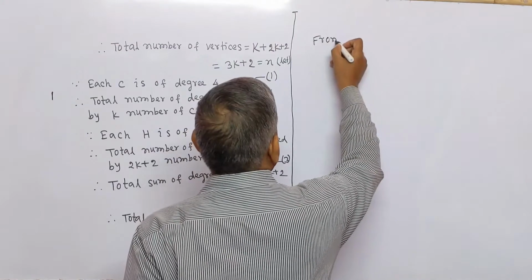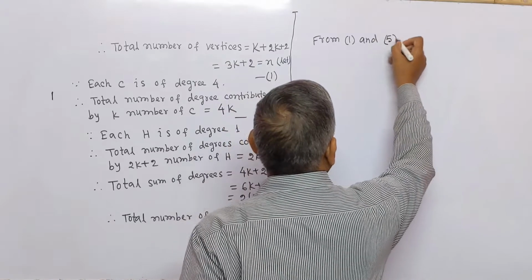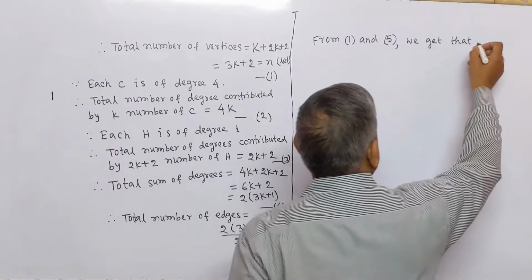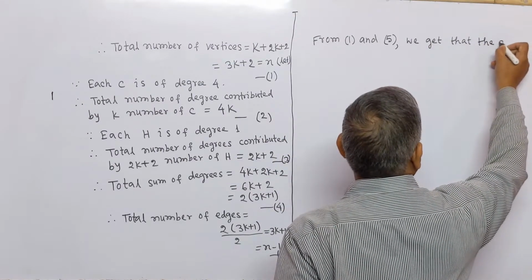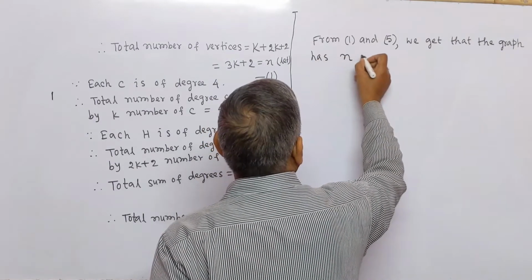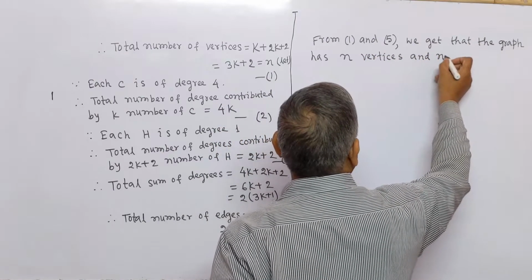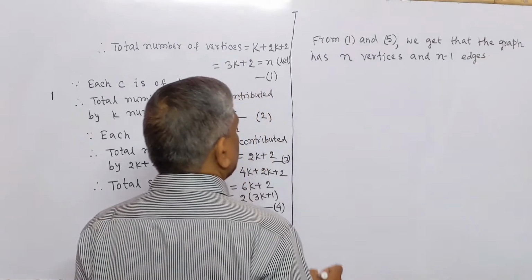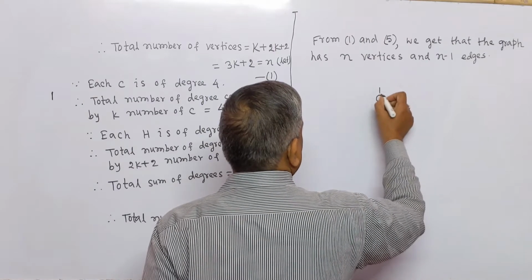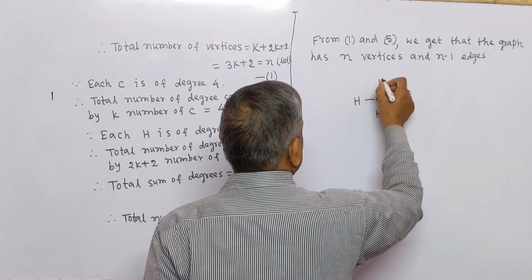From 1 and 5 we get that the graph has n vertices and n minus 1 edges. Since in saturated hydrocarbon we see that the structure of saturated hydrocarbon is like this.